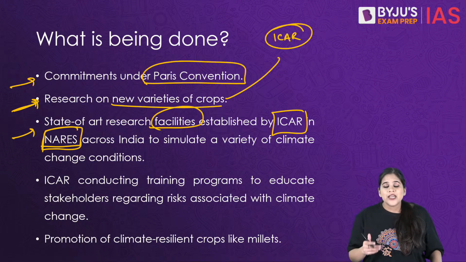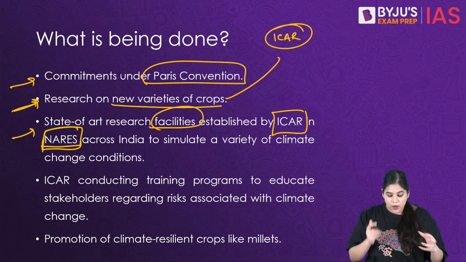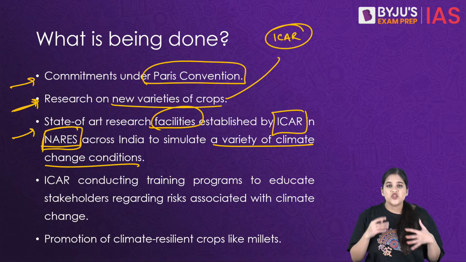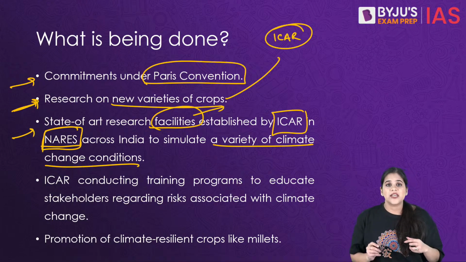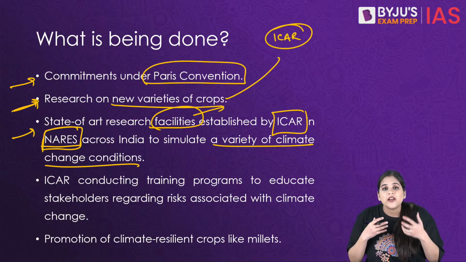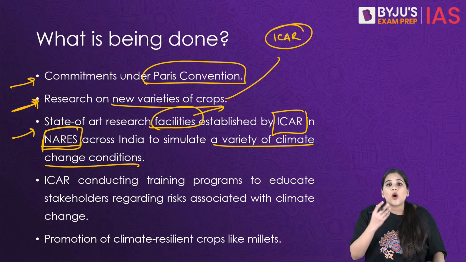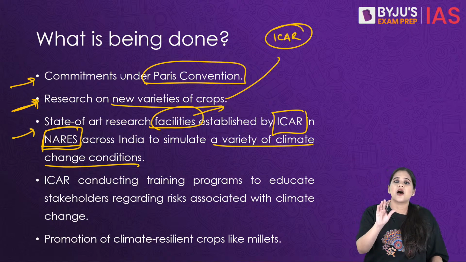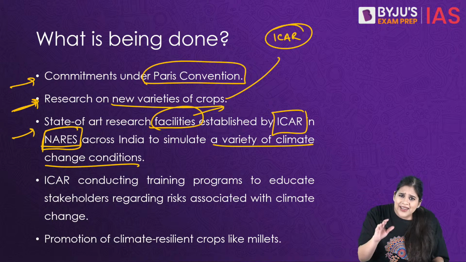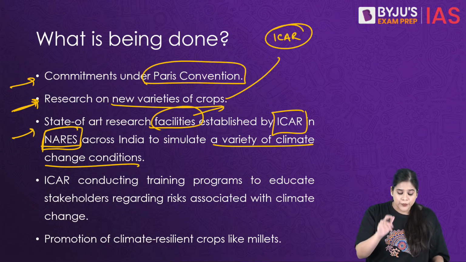So what is happening? Depending upon the location, depending upon a variety of climate change conditions that can be simulated in those research facilities, we can come up with better technologies, better crop varieties, better ways of irrigation, so as to increase our food productivity or at least keep it stable.